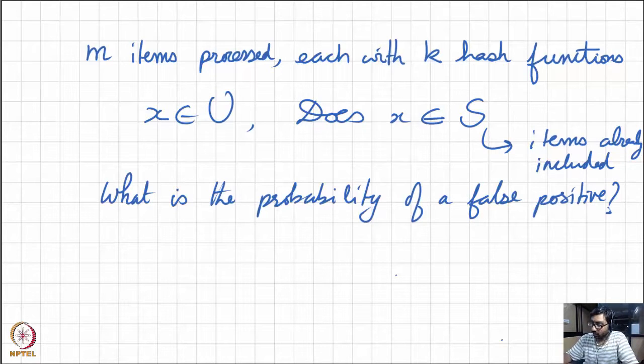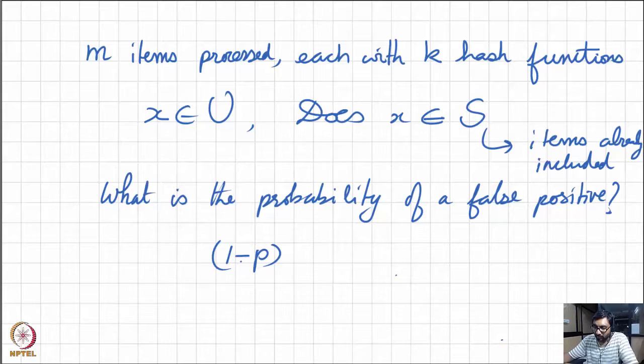Each time we hash x, with probability 1 minus p we land in a cell that's already set to 1. Keep in mind that we are assuming we are using hash functions that obey the simple uniform hashing assumption.